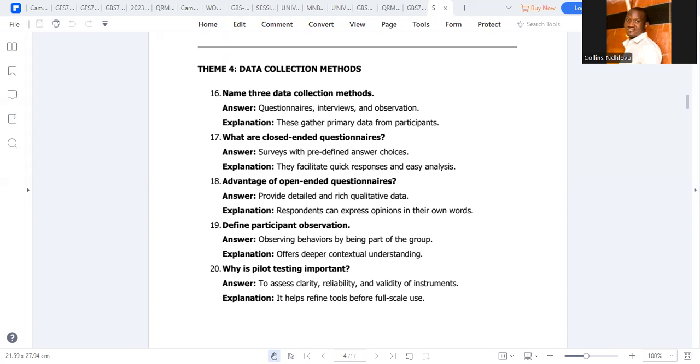What other kind of analysis is used under qualitative? We talked about them. Descriptive? Is descriptive one of them? No. Content analysis, grounded theory analysis, narrative analysis, remember, phenomenological analysis.